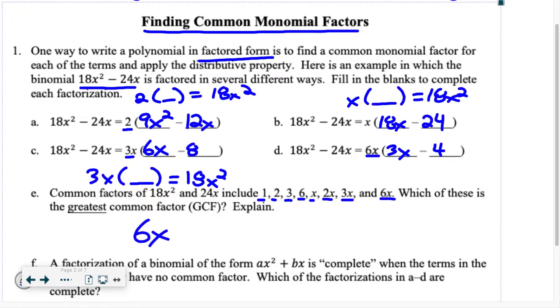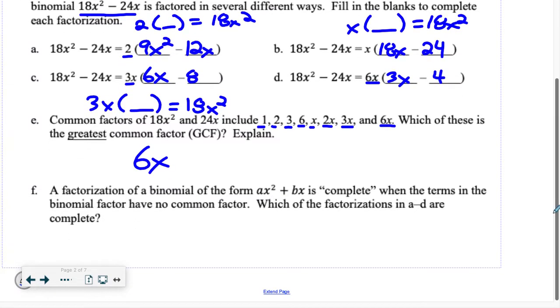My explanation would be that 6 is the largest number that we can take out, and x is the largest variable we could take out in terms of the powers. So if my goal is to complete my factorization, in each of these cases, option D is the complete factorization because we took out the greatest common factor, or GCF.